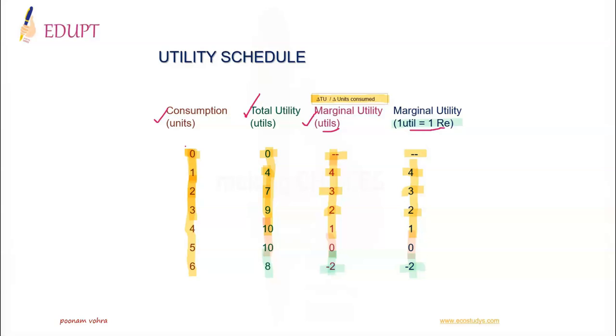Whereas marginal utility, whether in util terms or in money terms, continuously declines, and after a certain point it becomes 0 and then negative. In this case, it is 0 when 5 units are consumed, and thereafter it is negative.